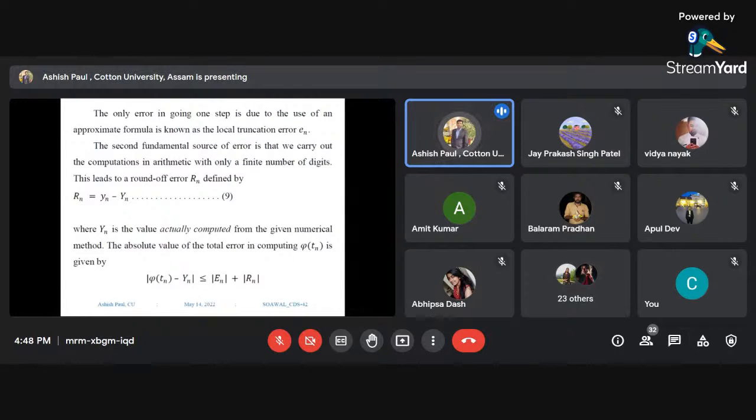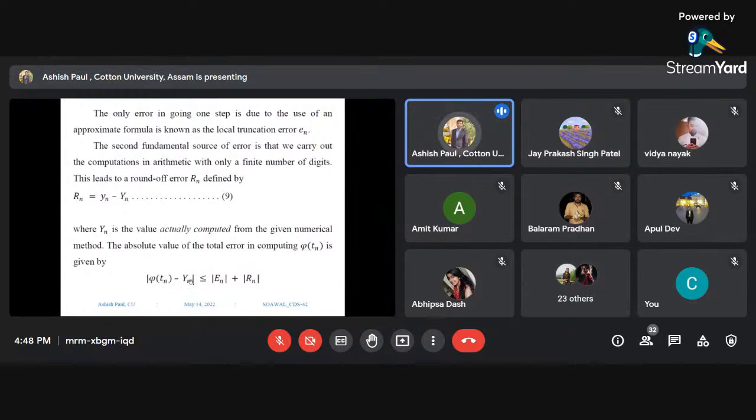Now round off error is another kind of error, and that also depends on that. The process of finding rounding error is very complicated. Different algorithms use different processes to find round off error. I'm not going to go into detail about round off error, but finally this is the exact value at Tn, and this is our calculated value.